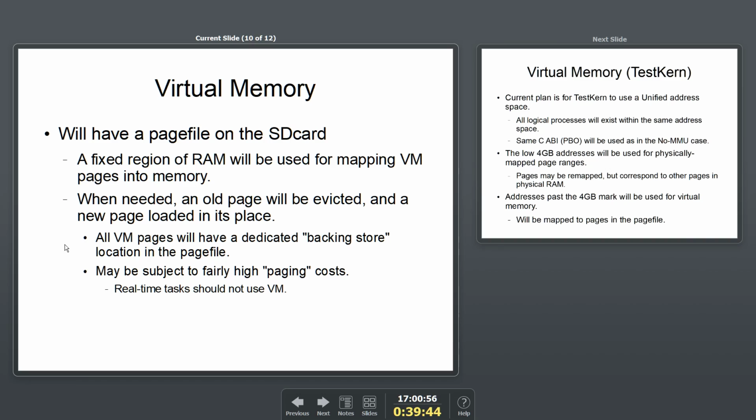But all VM pages will have a dedicated backing store location in the page file, for probably obvious reasons. The fixed RAM region won't actually be used much like traditional RAM, but will exist more as a series of small windows into the page file, as it were.